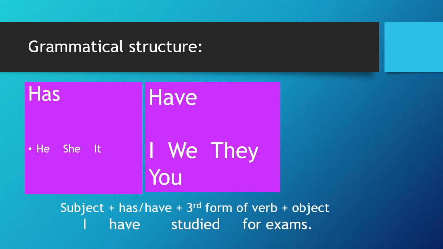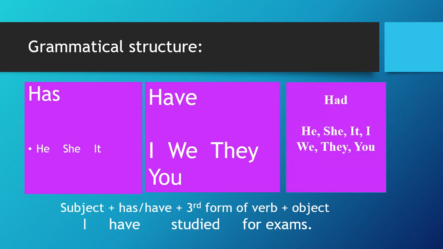Here is an example. I have studied for exams. So I is a subject, have is an auxiliary verb or a helping verb. Studied is the third form of verb, and for exams is an object. I have studied for exams.